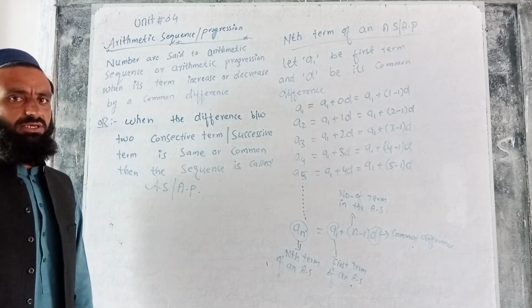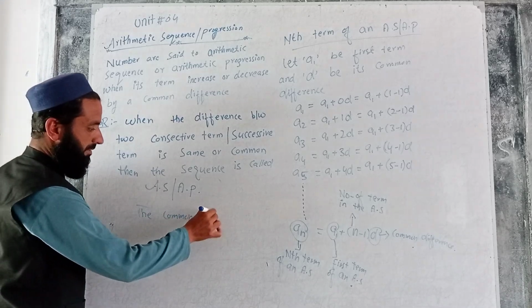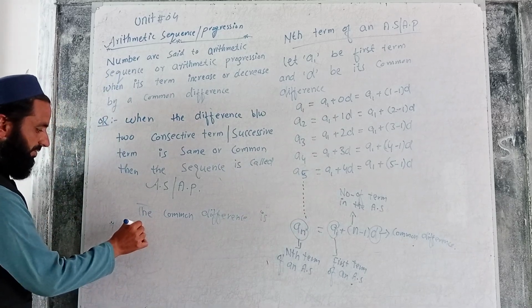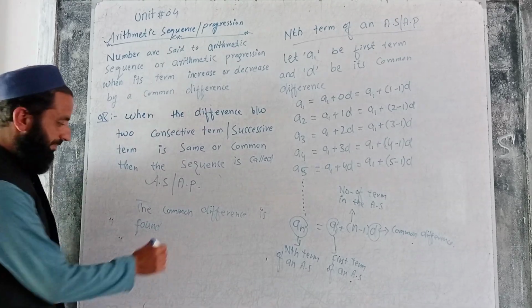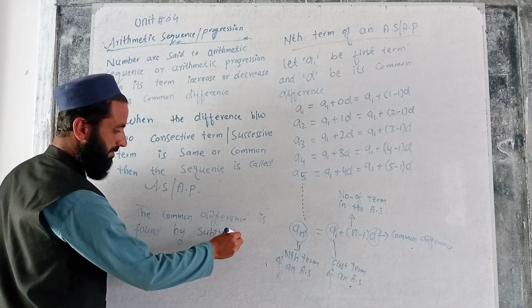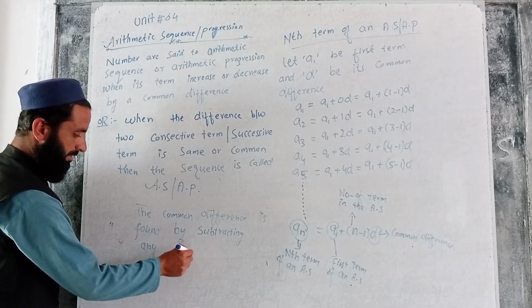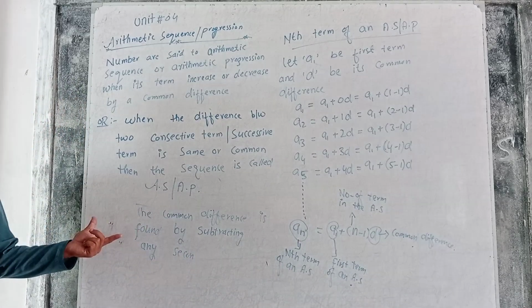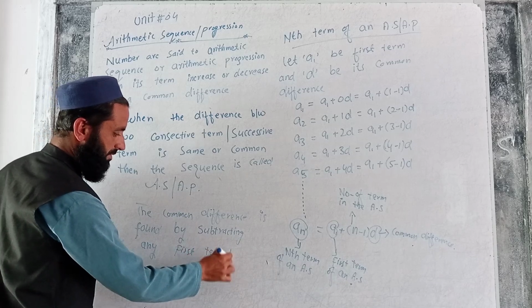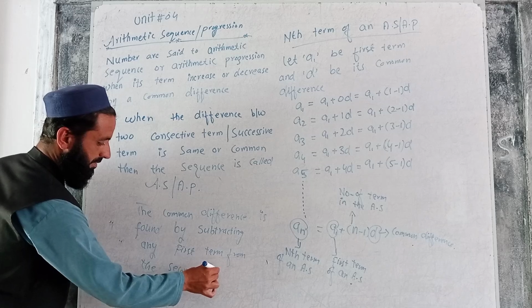But now, what is the common difference? The common difference is found by subtracting any first term from the second term.